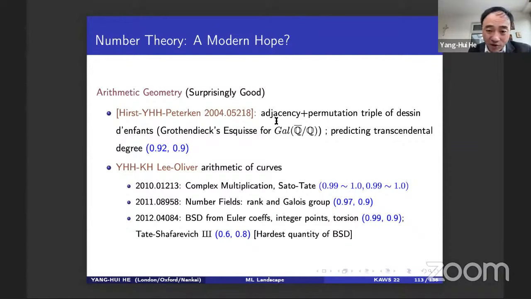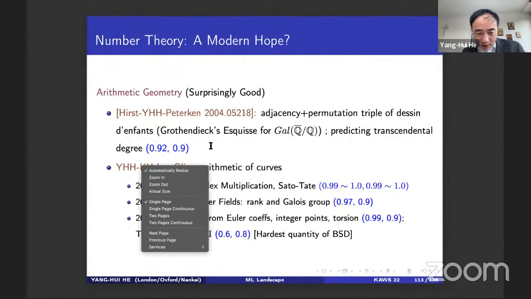These are features in arithmetic geometry, where you're working with algebraic geometry not over C, but over some kind of finite field, or you're finding certain features over some Galois extensions of finite fields. So I was doing this again with my PhD student at Hirst, and my master's student Peterson, on certain elliptic curves. I won't bore you with this.